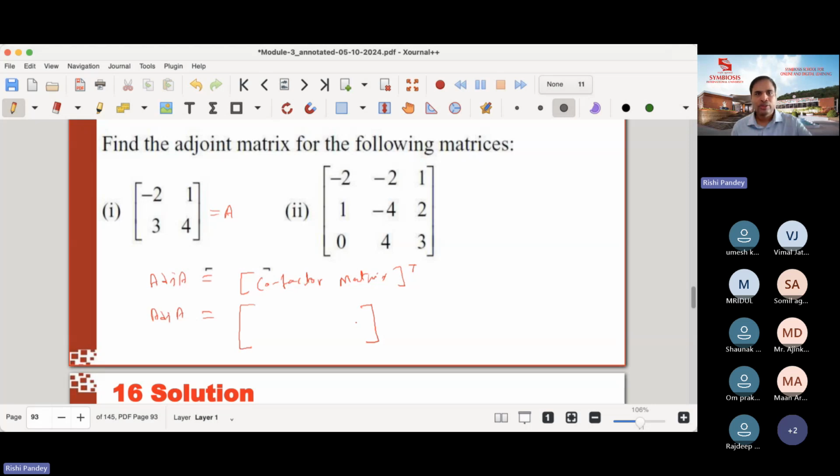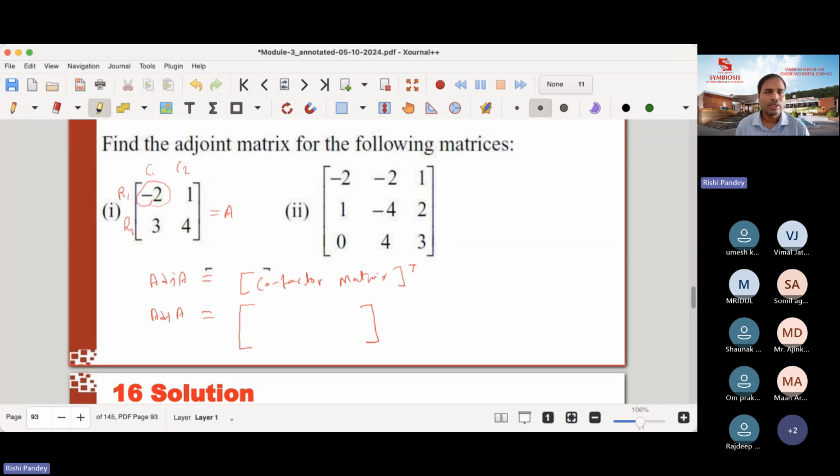So what is a cofactor? What is the location of this element? A11, am I right? We had discussed yesterday in the determinant, similarly here. The location is 1, 1. So 1 plus 1 is 2, an even number.